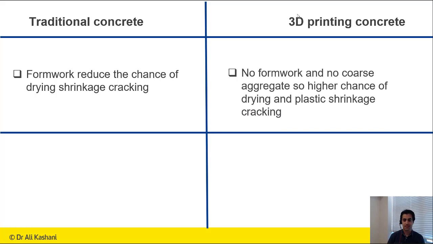So that is not something that we have in concrete 3D printing, although in some enclosed environments, or even some companies, they use moisting with mists and spraying water, etc., in order to make sure that the concrete surface is moist.